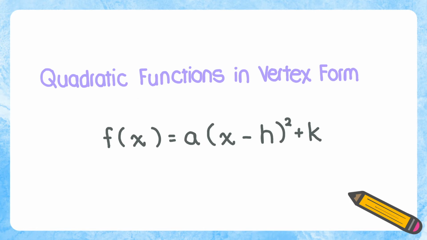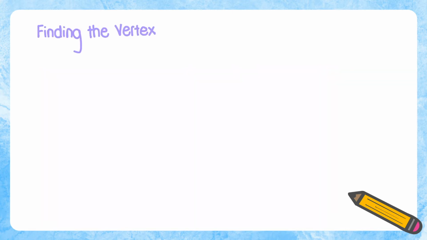As we have been seeing, this is the vertex form of quadratic functions. f of x equals a times x minus h quantity squared plus k. So how do we find the vertex of a quadratic function written in vertex form? It's actually pretty simple.